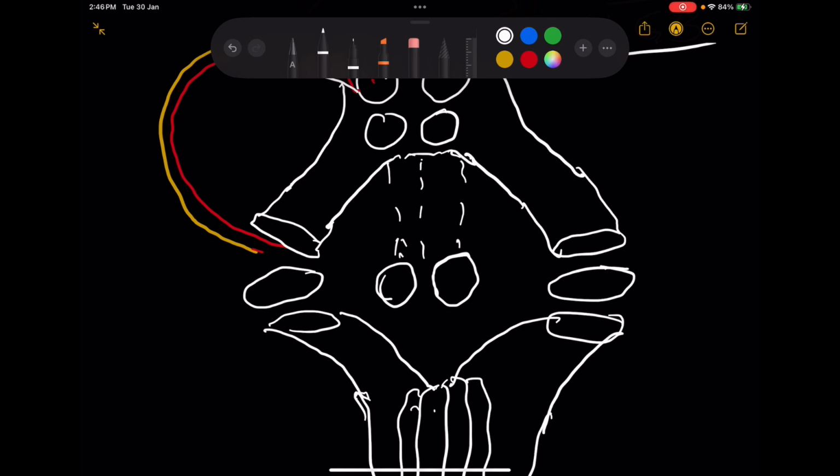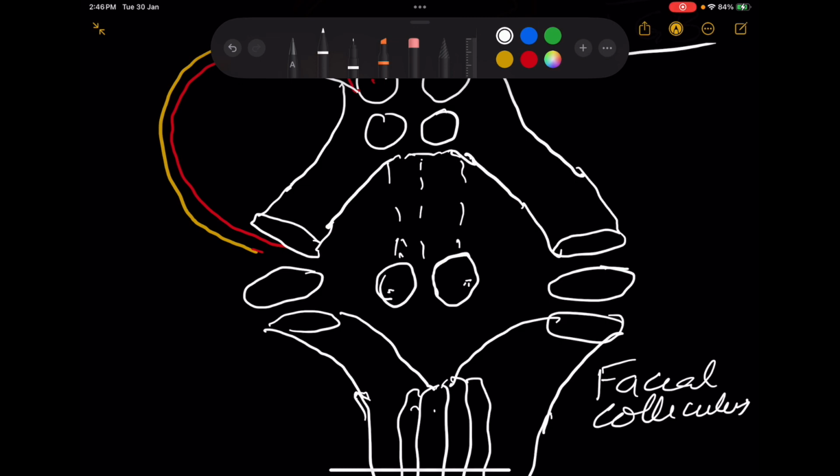And you are seeing between the three peduncles the midbrain, the pons, and the medulla. The pons and medulla are signified by the presence of the facial colliculus.